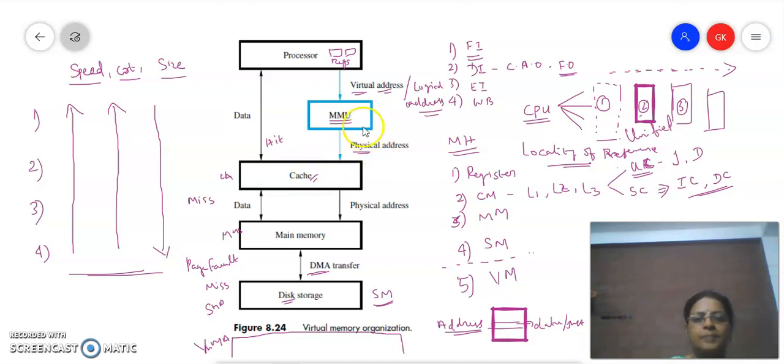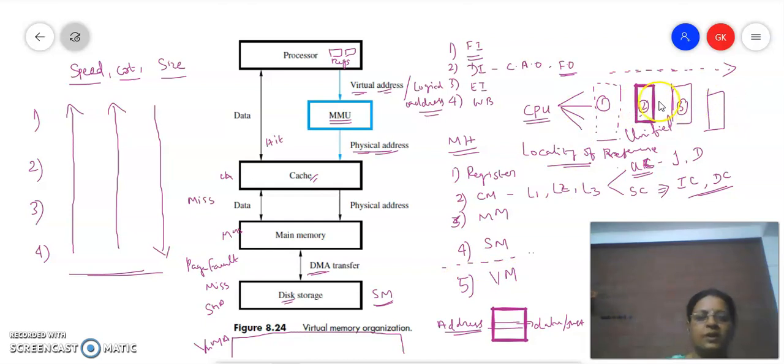So every time, the memory management unit has to map the logical address into a physical address, and this physical address can refer to any of these three levels. The virtual or logical address always refers to the virtual memory, the one which is not present in this setup. It may be available as a second or third secondary storage, or in a different cloud structure.